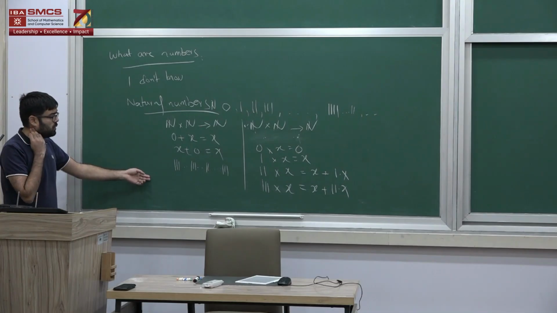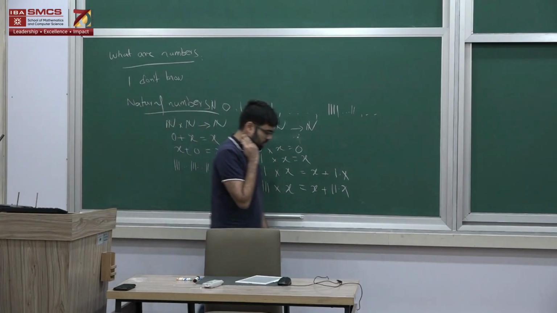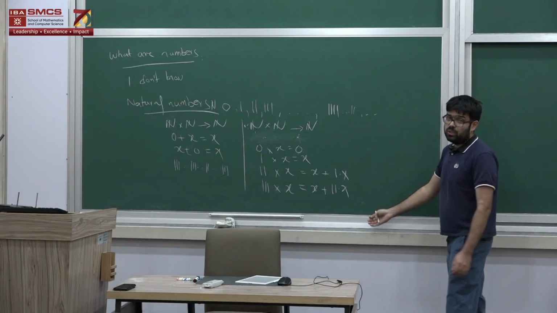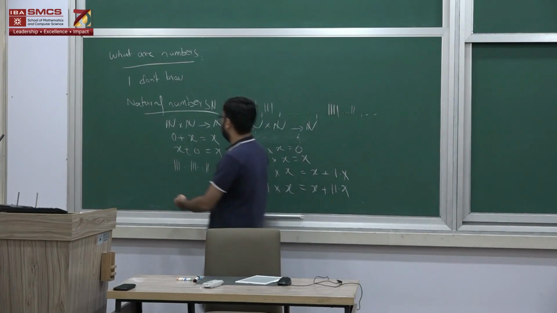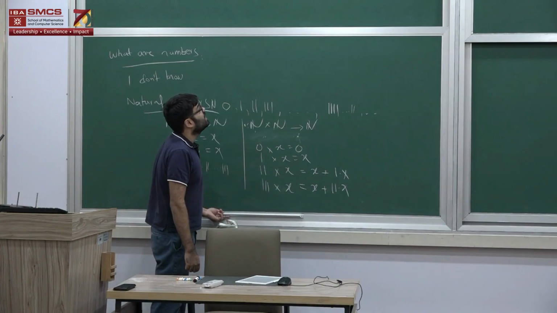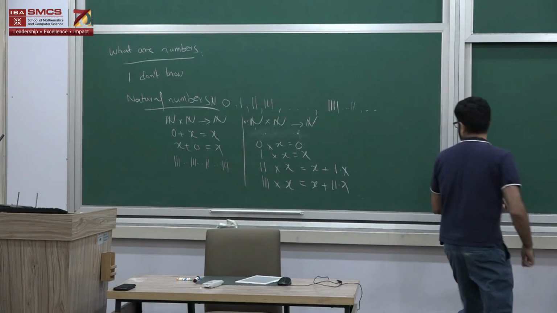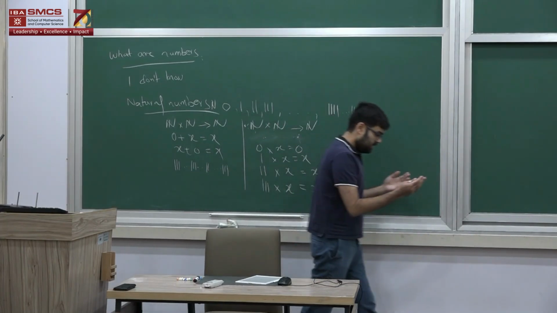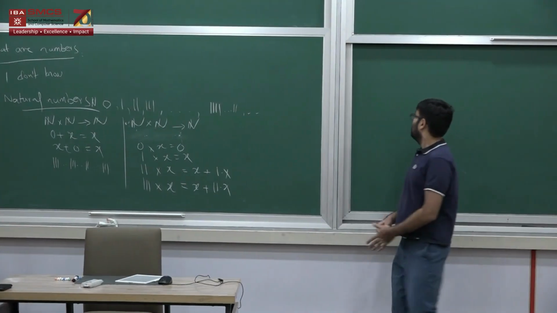But so the one thing, so we have these numbers. The interesting questions are what kind of equations we can solve using these natural numbers. Instead of talking about what equations we can solve, we can definitely solve some, right?